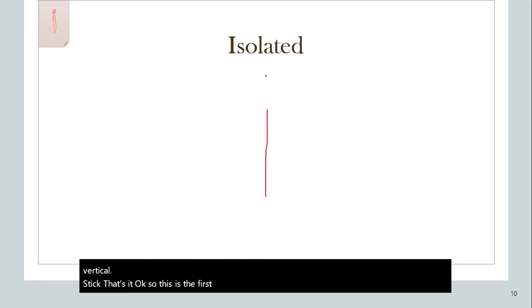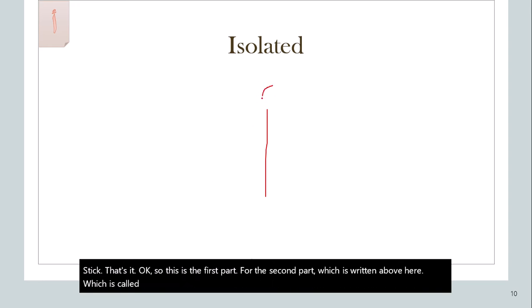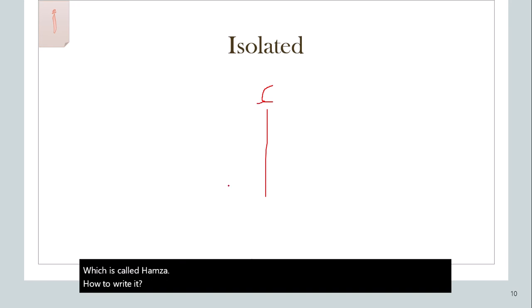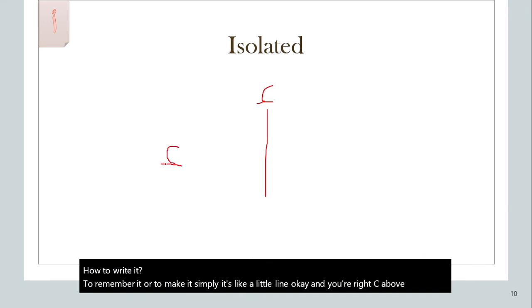For the second part, which is written above here, which is called hamza, how to write it? To make it simple, it's like a little line, and you write a C above it.